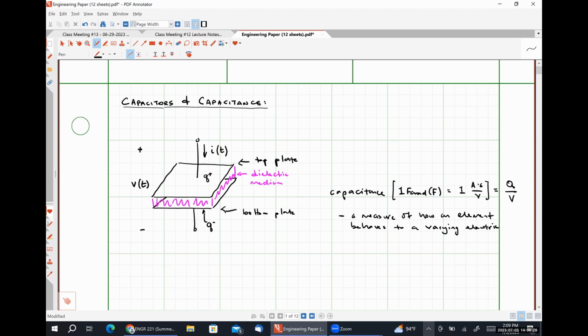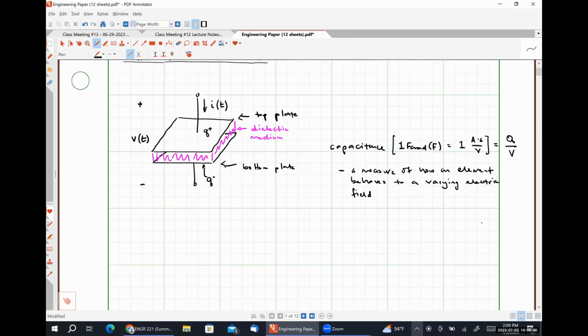If we vary voltage, we get a variable electric field, much like in an inductor. If we vary the current, we get a varying magnetic field. For capacitance, I've defined the units in electric fields, and we've tied it back to some quantities that we're familiar with, charge and voltage.